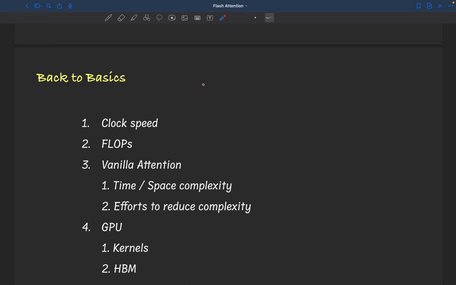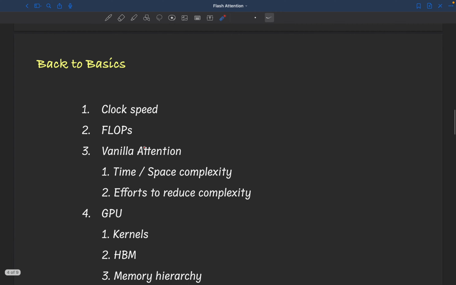If you want to finish one of the operations, it might require more than one cycle, or certain operations are so lightweight that they can be finished in one cycle. It's always m is to n. So there is something called FLOPS. That means floating point operations per second. Usually the speeds of these are measured in floating point operations per second. We'll talk about these FLOPS down the line, right?